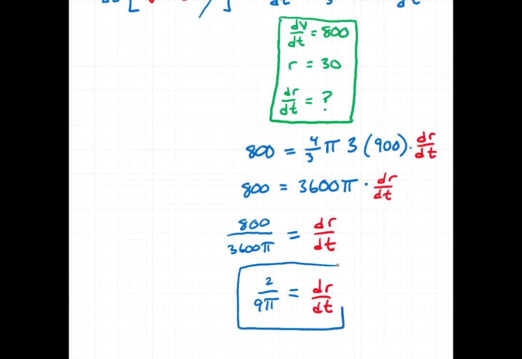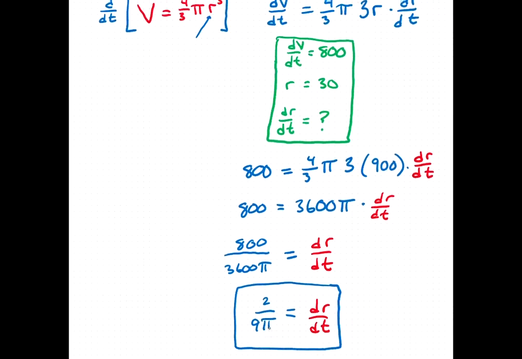Or we could put this into a calculator if you need to. You could round this to a few decimal places. But remember, this is at a specific instant, a specific moment in time, at the exact instant that the radius is 30. The rate of change of the radius is 2 over 9 pi. And actually, let's be more specific. 2 over 9 pi what?